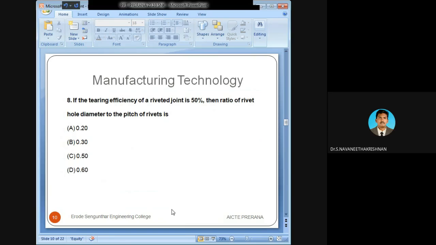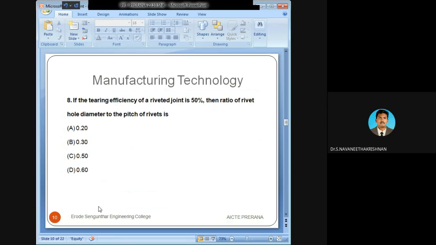So if we cut it in tearing, the efficiency will be up to 50 percent, so it will be 0.5. So the correct answer is 0.50.